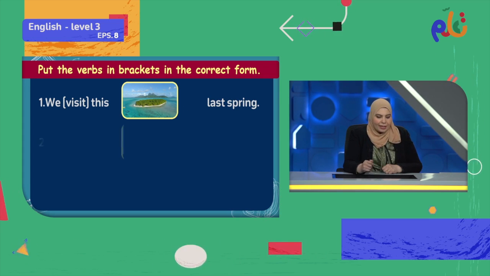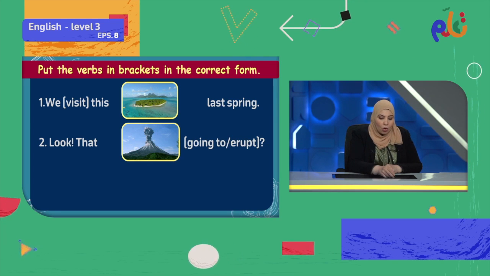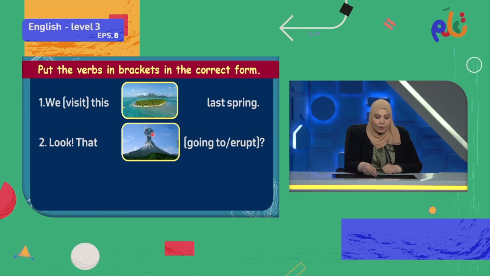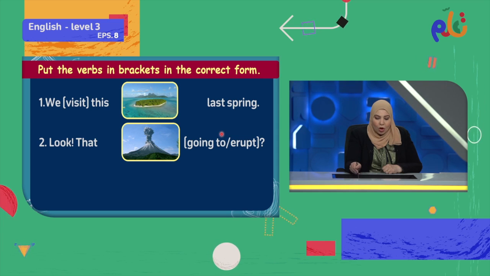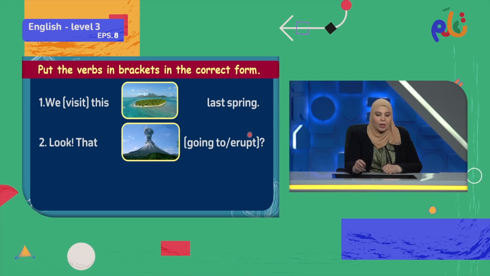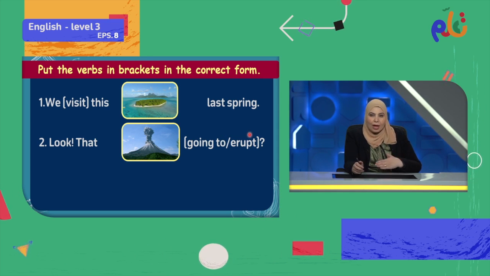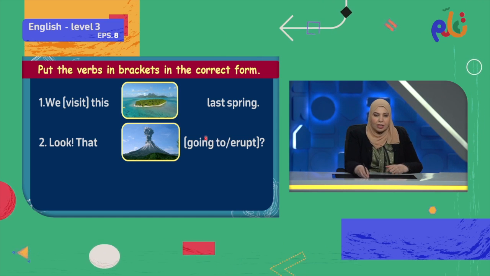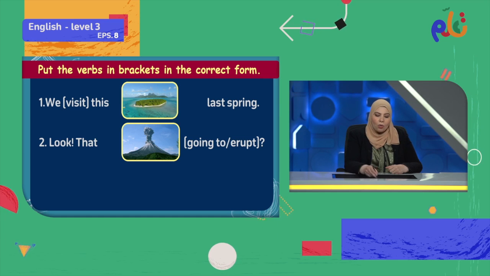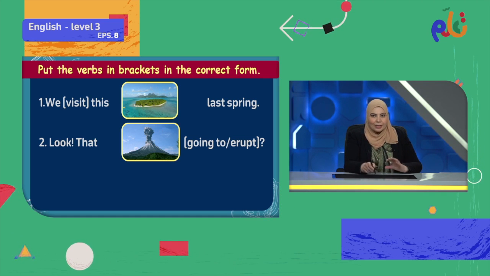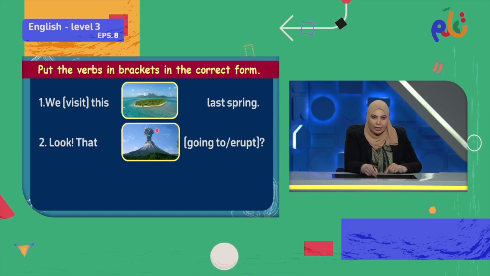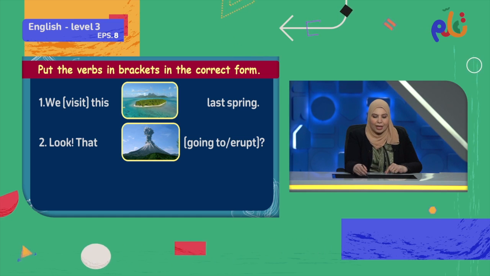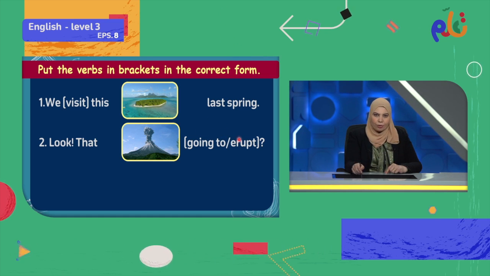Okay, the second one we have, look at the picture: going to erupt. So we're talking here about the future, and for the future we're using going to. When we try to make this sentence, we need to remember the word for this picture and put this in the correct form.